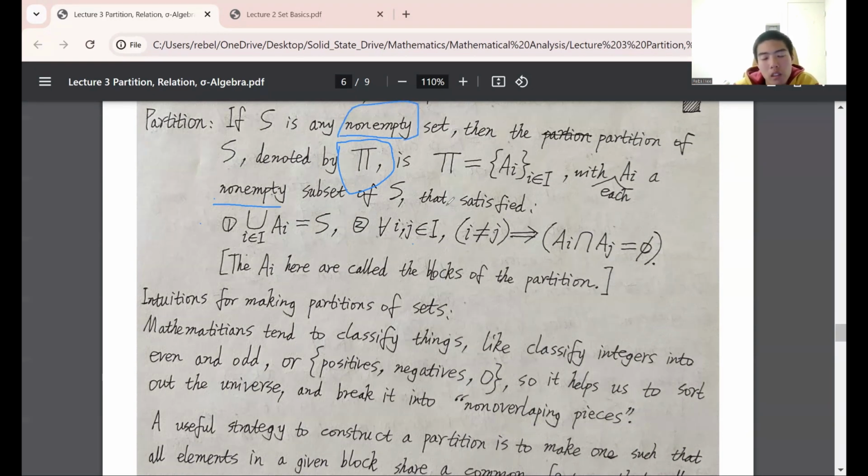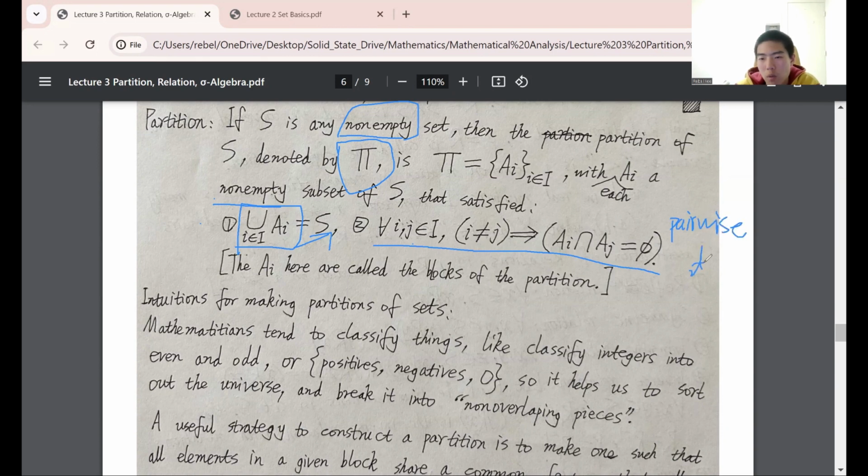Okay, and each Ai must satisfy two conditions. First is the union of all of them is equal to S. And the second one is pairwise disjoint. This is the definition we first see as pairwise disjoint.